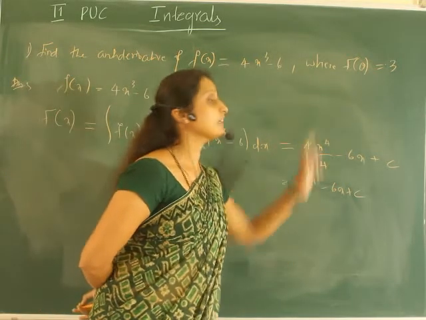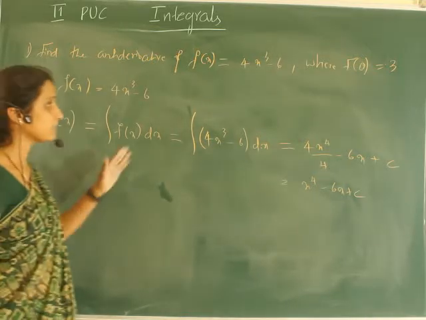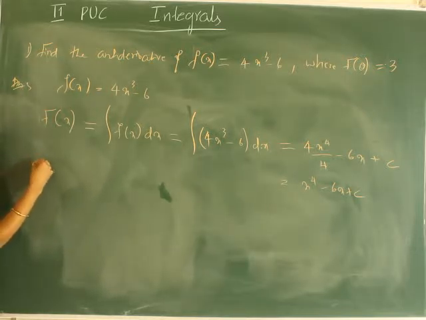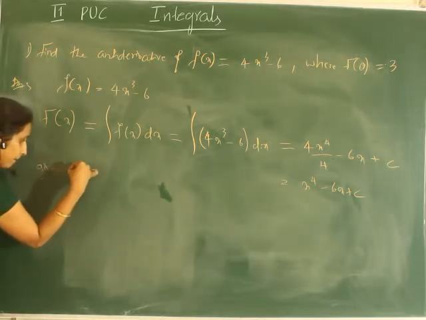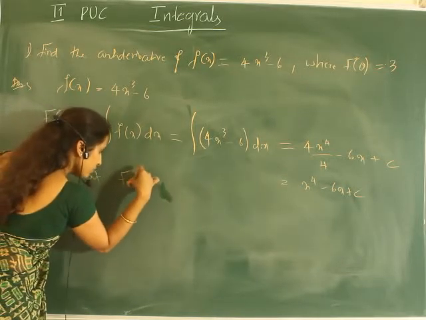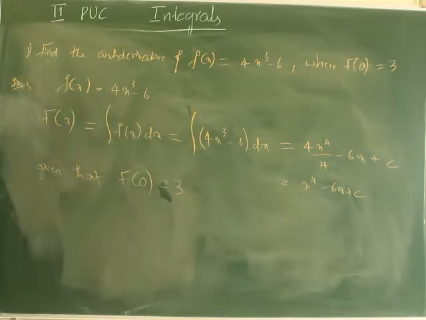But when x is 0, it is given that f of 0 is 3. Therefore, we have to calculate the value of c given that f of 0 equals 3.